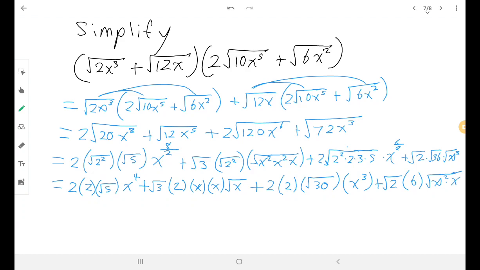And that'll help me break it down as I go. So now we've got 2 times 2 is 4, times x to the fourth, times the square root of 5.